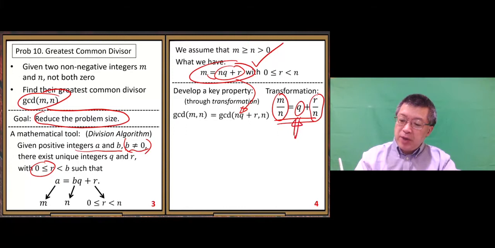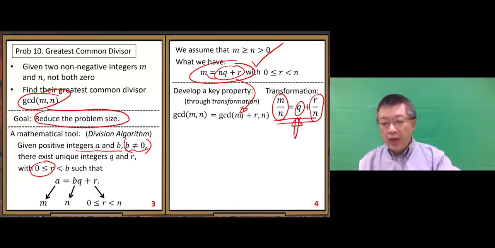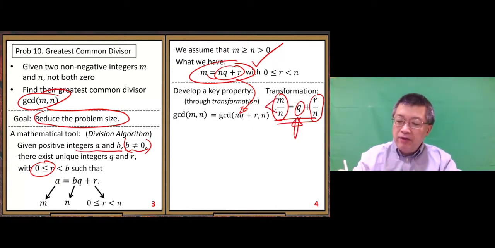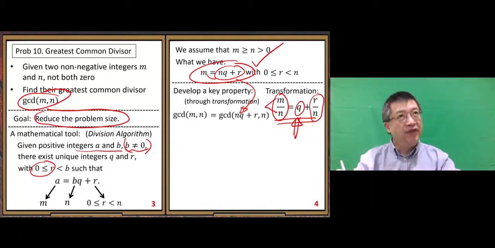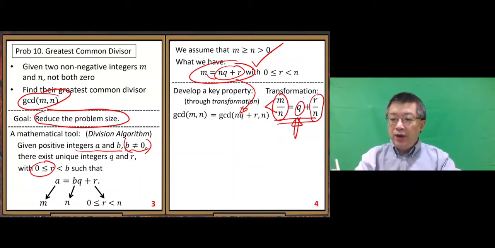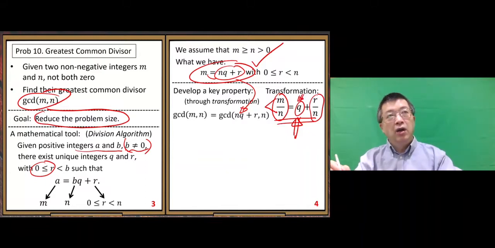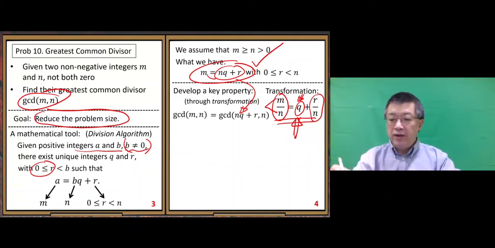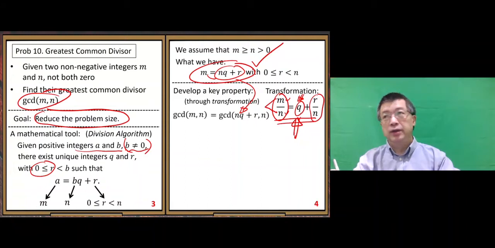This formula has some special property you can see. If you want to find the common factor between m and n, we know common factors in a fraction you can cancel out, right? And we know the quotient part, this integer, won't affect the common factor part, no matter the common factor, large or small, because this is the integer part.